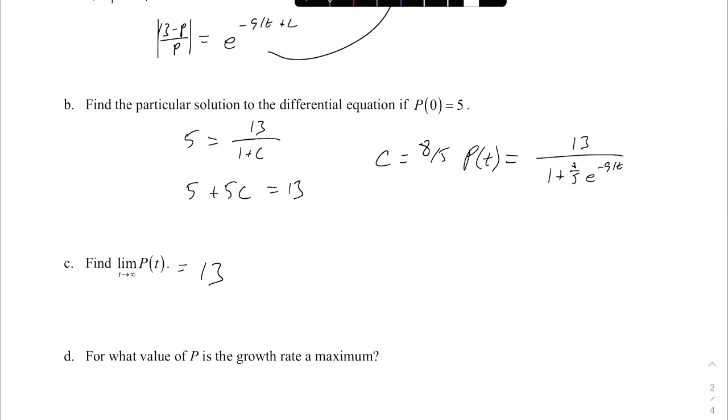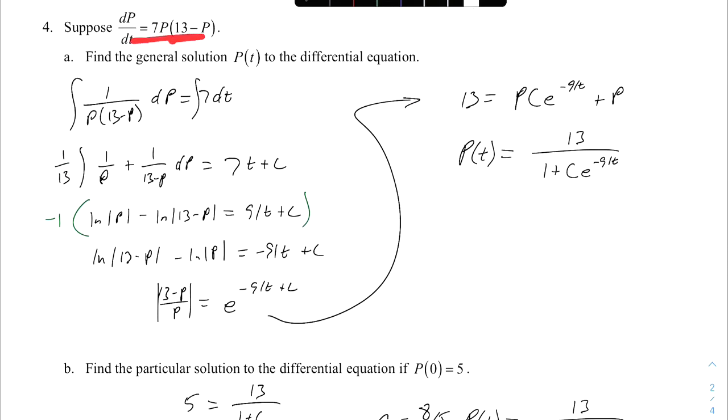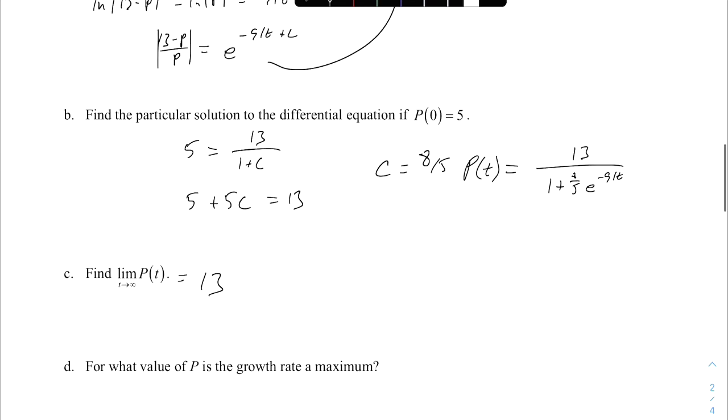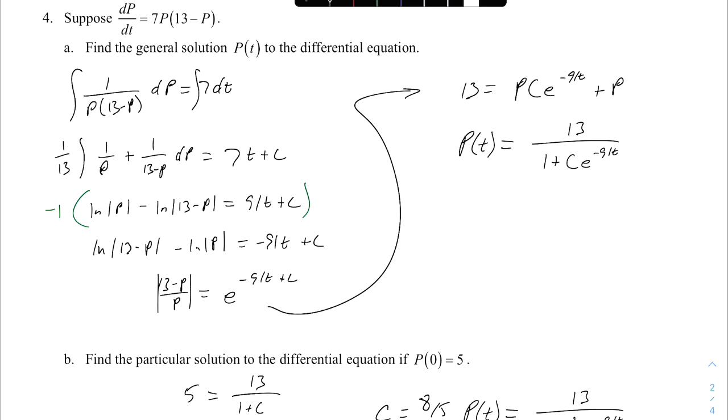For what value of p is the growth rate a maximum? So it's talking about the growth rate being a maximum. So that is when the derivative of this will be equal to 0. So if I rewrite that, 91p minus 7p squared.